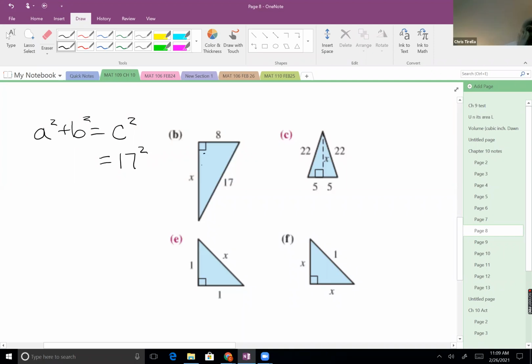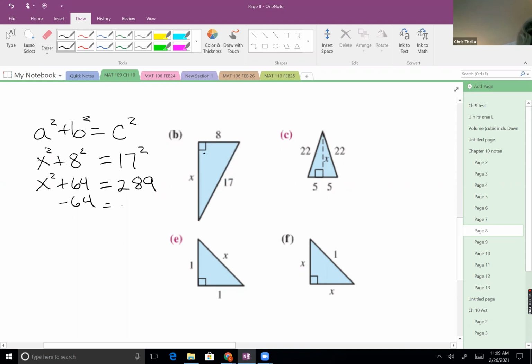And so A and B can be the x and the 8, and it doesn't really matter which you use for which. So I'll say x squared plus 8 squared equals 17 squared. So that gives me x squared plus 64 equals 289.